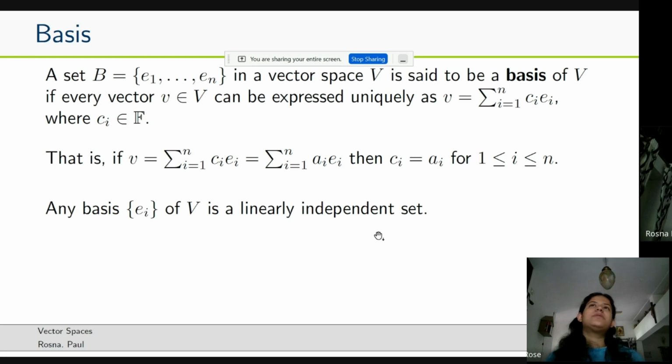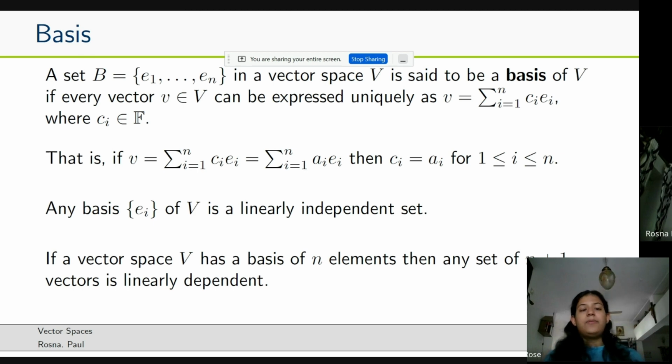In other textbooks, you might also see the definition of basis as a set of elements which are linearly independent and span your vector space. So that is also true. The main property of the basis is that every element can be written as a combination of elements from the basis, and this is also a linearly independent set.